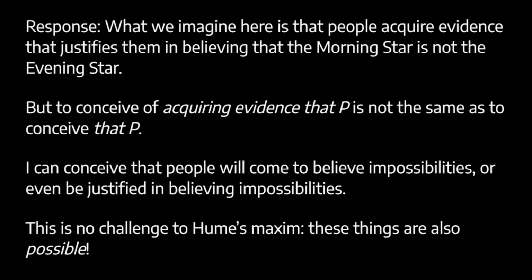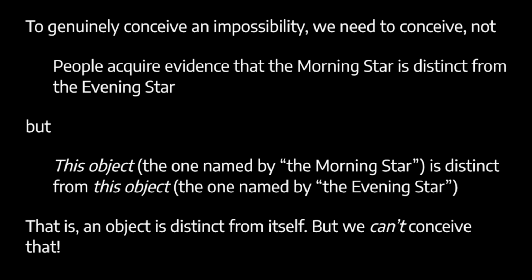So Yablo says it's not enough to imagine a situation in which people believe that the morning star is distinct from the evening star, or in which people acquire evidence that the morning star is distinct from the evening star. We need to imagine a situation in which this belief is actually true. And that means we need to imagine that this object, the one named by the morning star, is distinct from this object, the one named by the evening star.